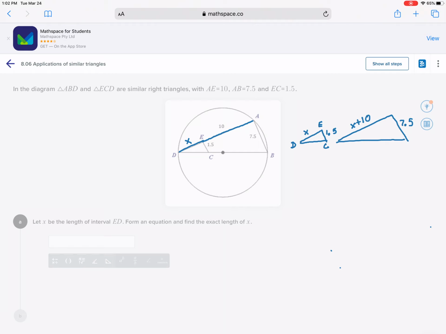Well, I'm going to use my proportions. x over x plus 10 equals 1.5 over 7.5. And we're going to see if it's going to let us just use, how do I close?